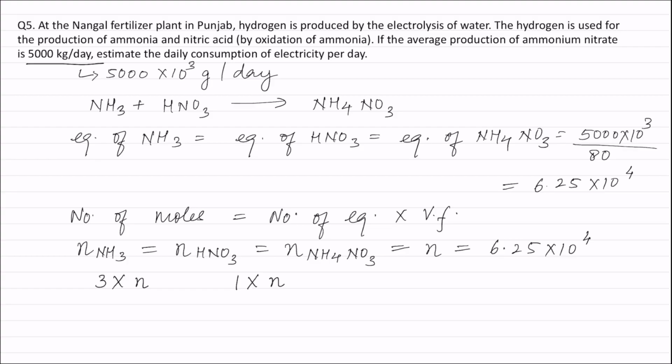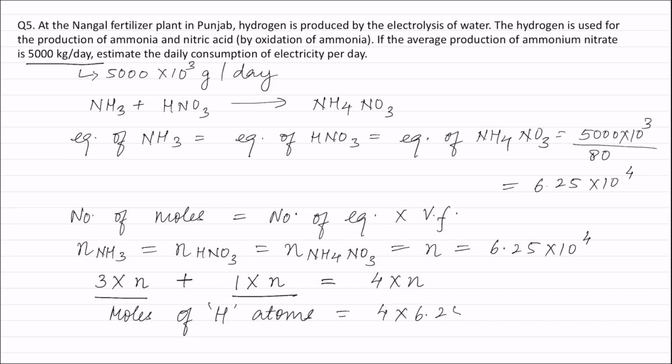Adding these two, we get the total number of moles of hydrogen atoms, which is equal to 4n. Now the value of n is 6.25 × 10^4. Therefore, moles of hydrogen atoms is equal to 4 × 6.25 × 10^4, and this is equal to 25 × 10^4.